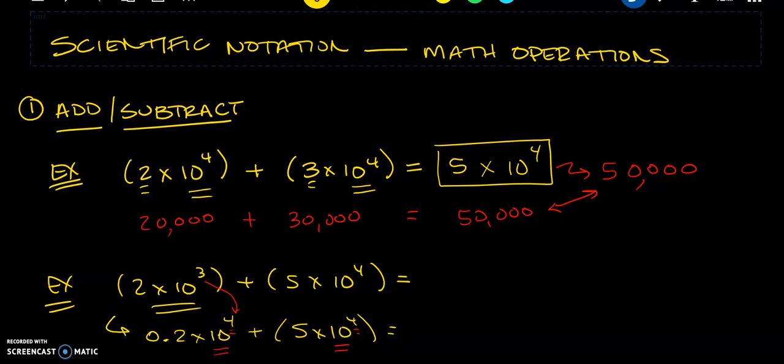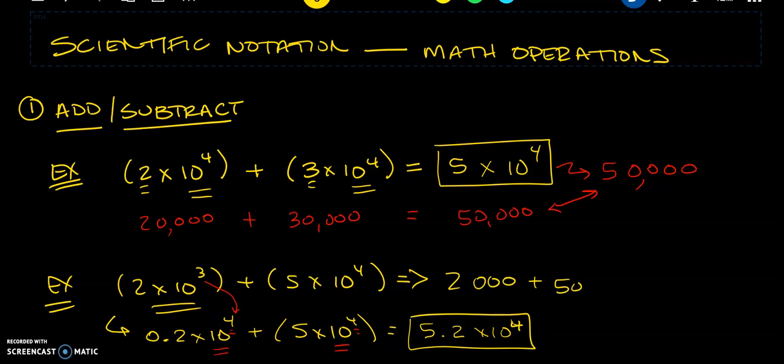So in that particular case, now that I have the same base and exponent, I could say that this is 5.2 times 10 to the 4th. And I'm going to say that's my final answer. All right, let's come back up. 2 times 10 to the 3rd is 2,000, right? And that's going to be plus 50,000, 5 times 10 to the 4th.